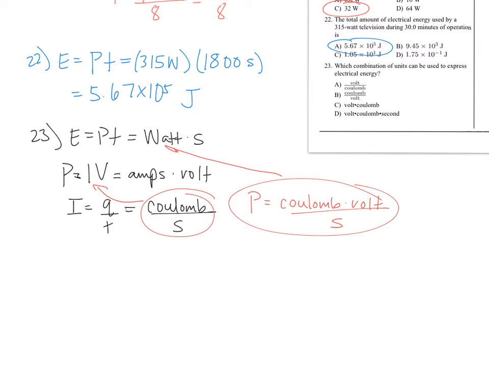So E is now equal to Coulomb times volt over a second times another second. These 2 seconds cancel out, and we're just left with Coulomb times volt, and that is choice C. Choice C.